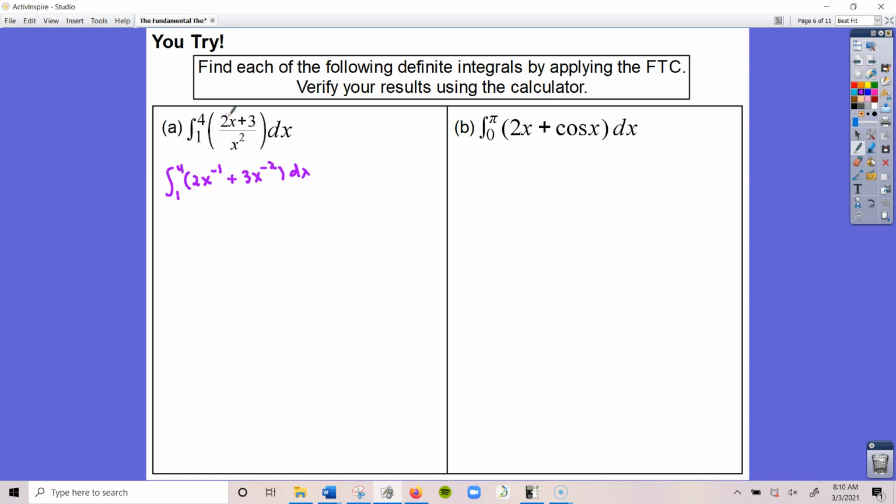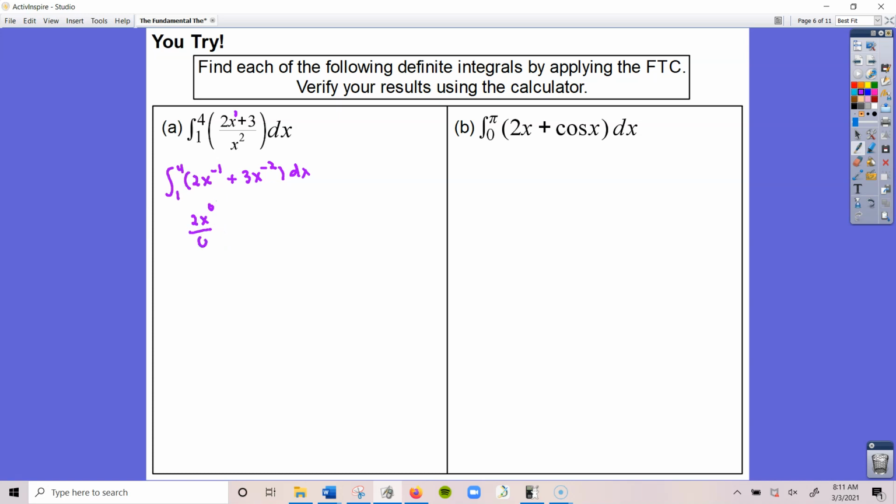Remember that in order to simplify, you subtract the exponents. Since this is an exponent of 1, 1 minus 2 is negative 1. Here there is none, so you just bring up the x squared, making it x to the negative 2. Now for the 2x to the negative 1, when we try to find that antiderivative, if you add 1 to the exponent, that would be 2x to the 0.